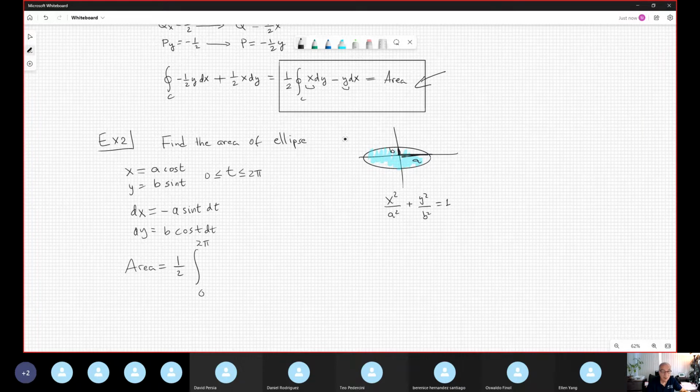And you copy step by step. Who is x? It is a cosine t. I copy this part. dy. Who is dy? dy is b cosine t dt, minus y.